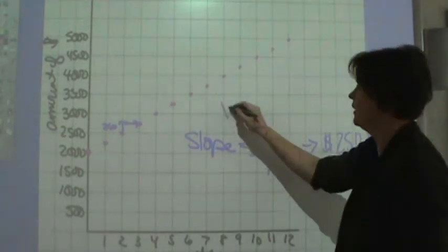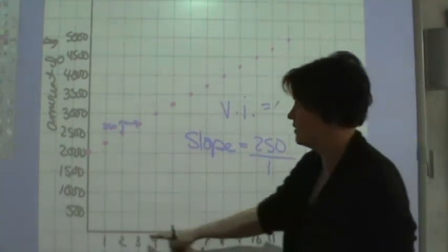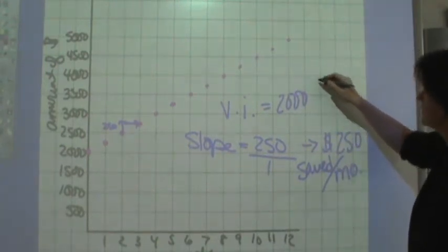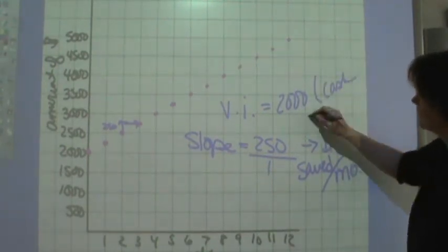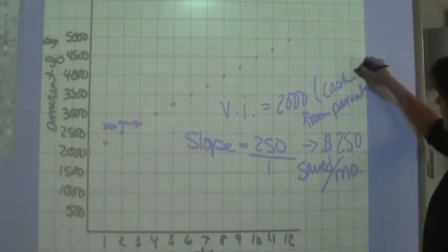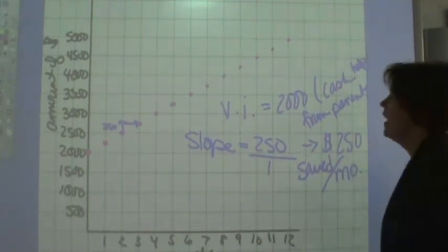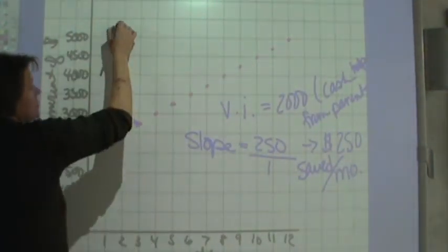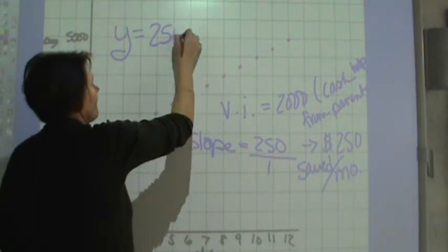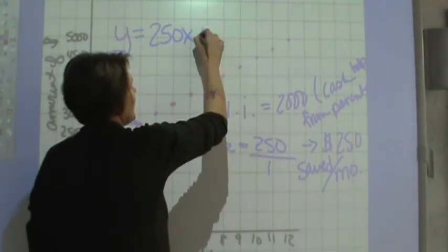All right, our vertical intercept is going to be the 2,000, and that represents cash from the parents. Cash help. Okay? And then our equation for C would be y equals, well, my slope is 250, x plus 2,000.